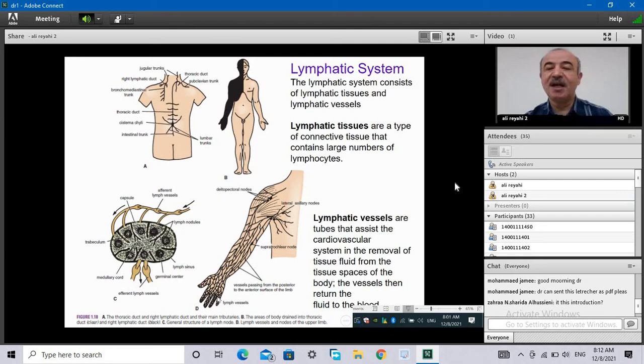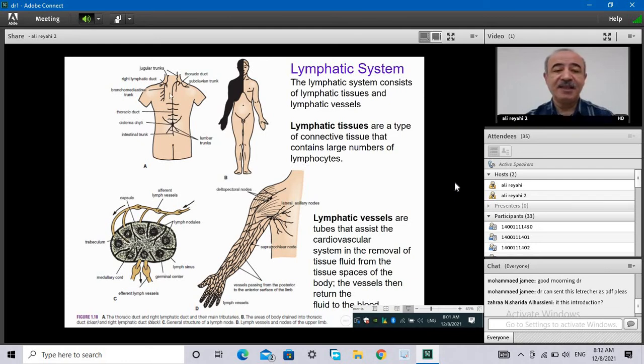Usually the lymph contains antigens, and these antigens are usually destroyed by the lymphocytes or macrophages within the lymph node, and the filtered lymph exits from the lymph node, for example here and here in the axilla. And finally, the filtered lymph drains to the large vein at the root of the neck, okay?